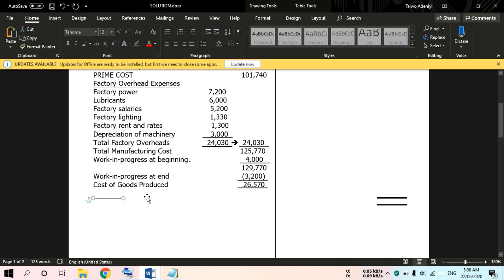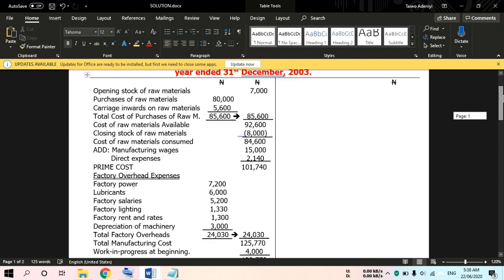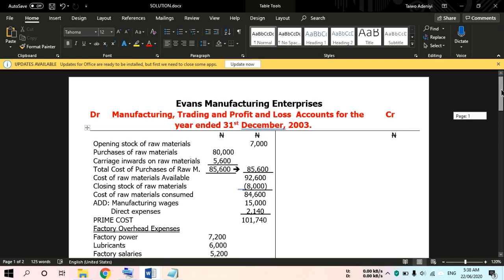This final figure would be in double lines to show the total. Now, immediately after this, you can see all what we are doing, they are all on the debit side of the manufacturing account.